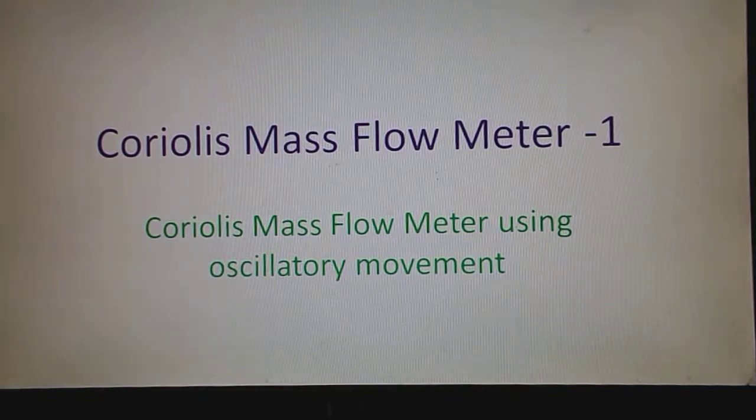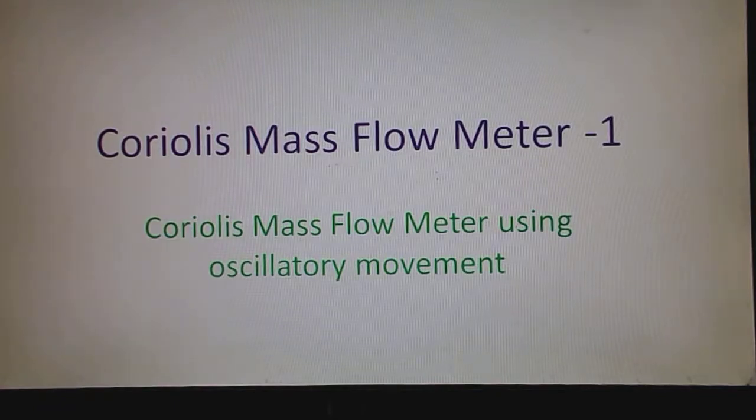But first of all, let us see the difference between mass flow and volume flow. Earlier we have talked about flow meters in which we had been measuring the volume flow.